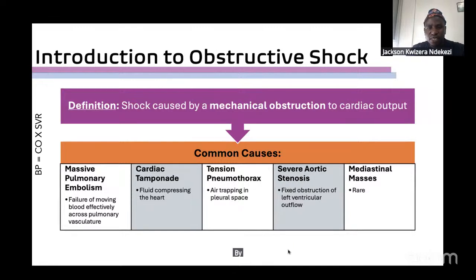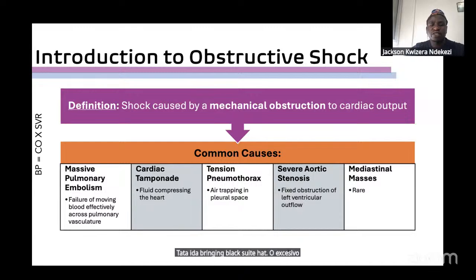By definition, obstructive shock is a state where, as all of us know, shock is a status where there is reduced supply compared to the metabolic demand. With obstructive shock, it's an anatomical obstruction of the great vessels that are either bringing blood toward the heart, or causing excessive afterload.